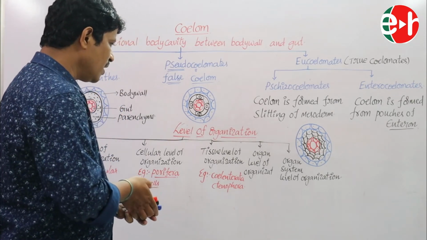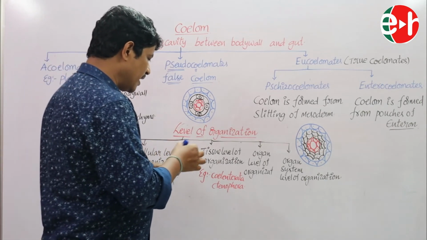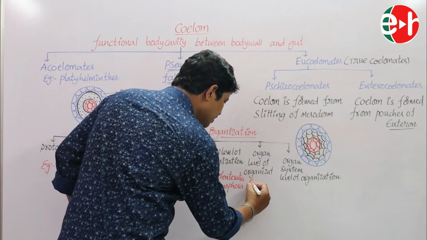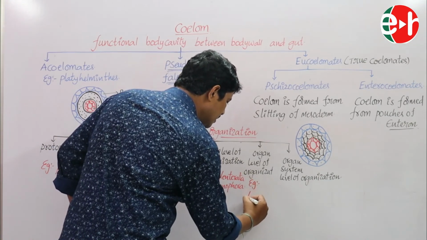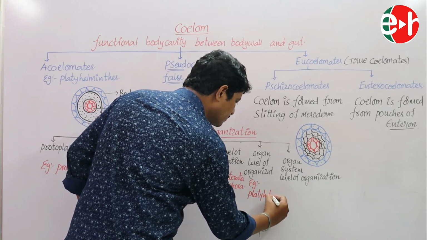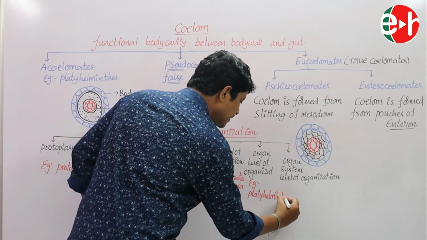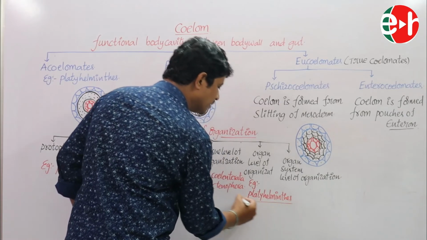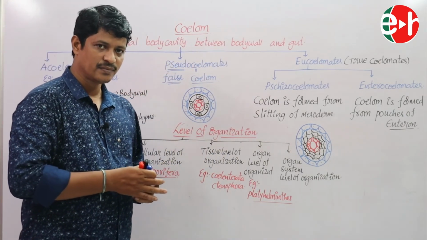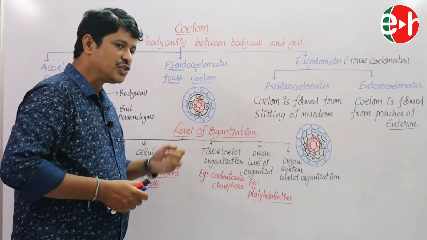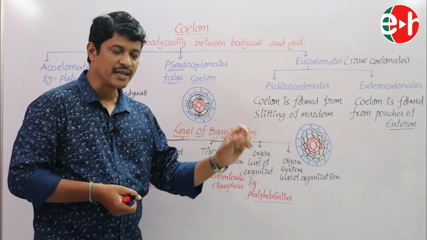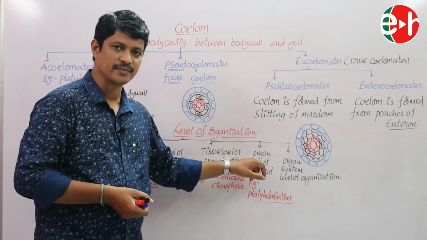And finally, the organ level of organization. The examples are Platyhelminthes animals. In these animals, a group of tissues is confined to form an organ.